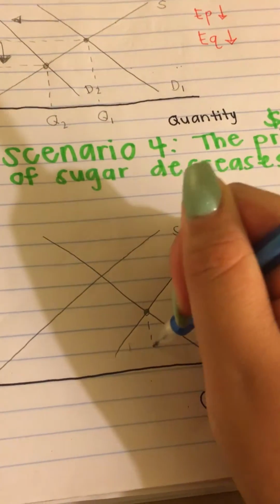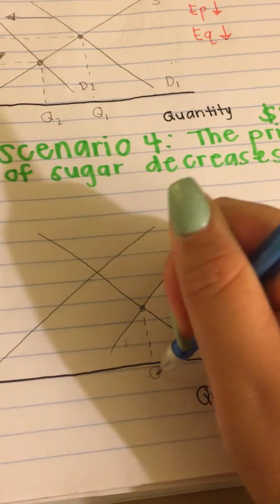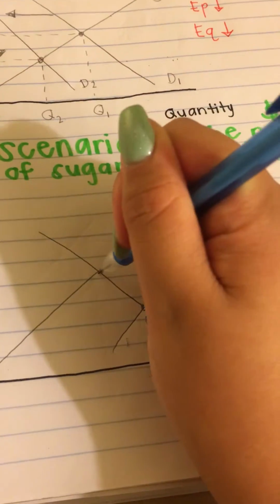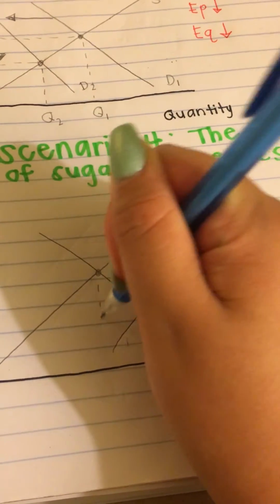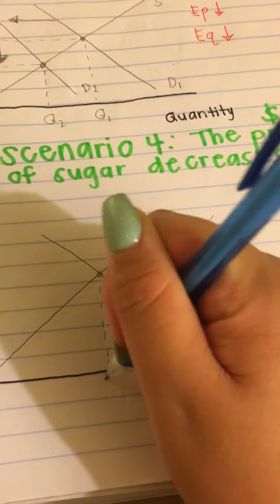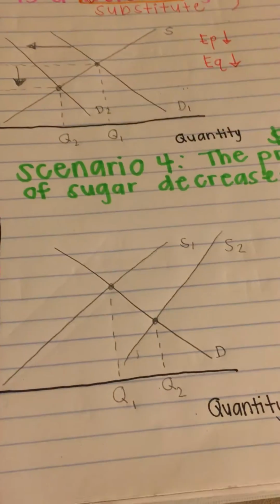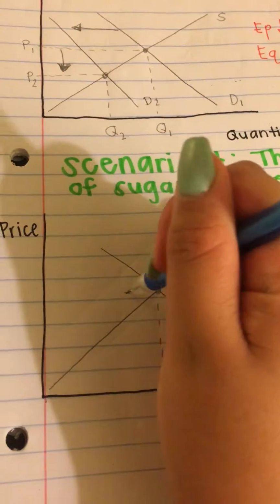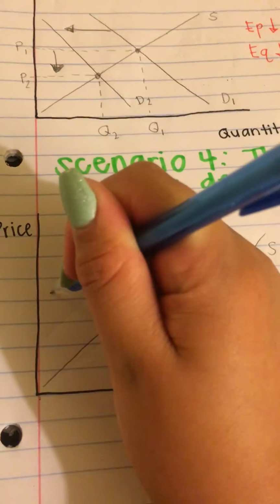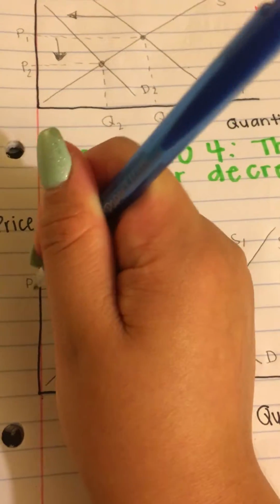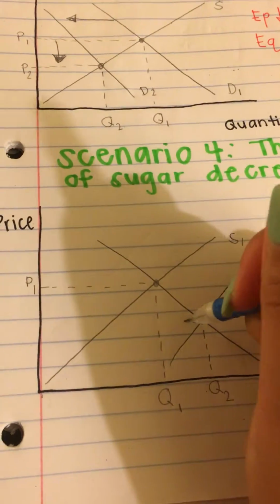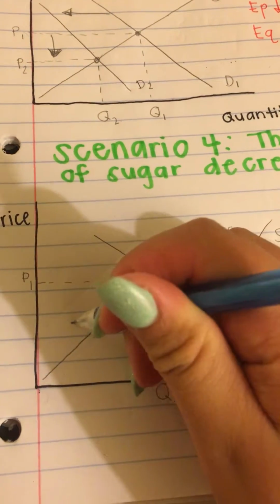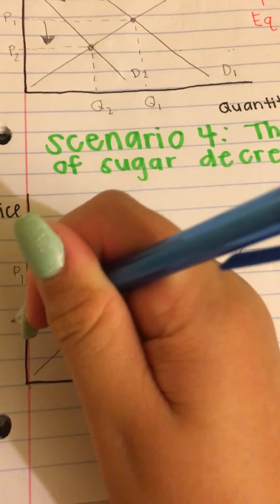We have Q2 and then Q1. And this is P1 and P2.